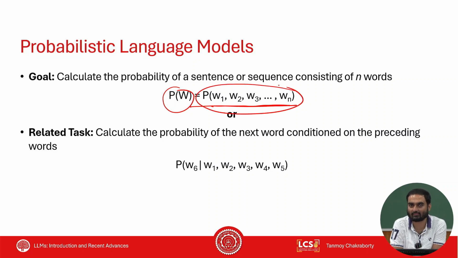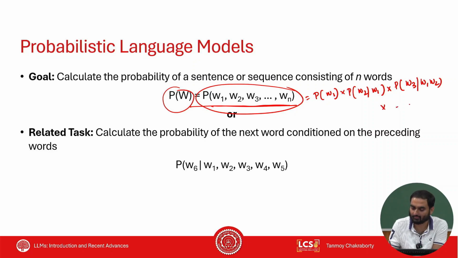Okay, we can essentially unfold it using the chain rule, and then this is going to be P of w1 times P of w2 given w1 times P of w3 given w1 w2, right, times dot dot dot P of wn given w1 dot dot dot wn minus 1, right.